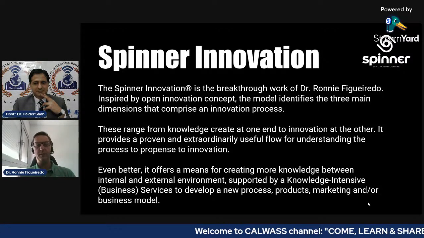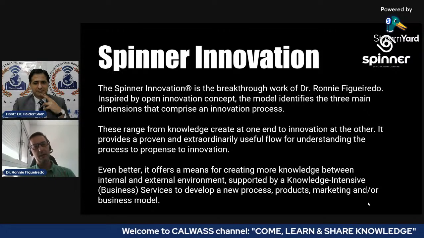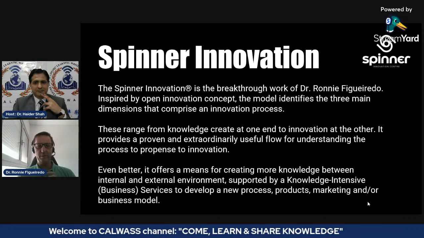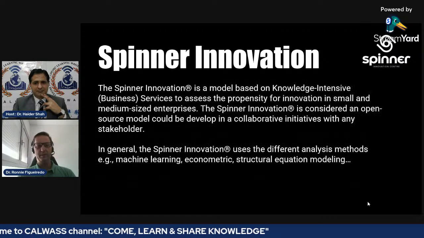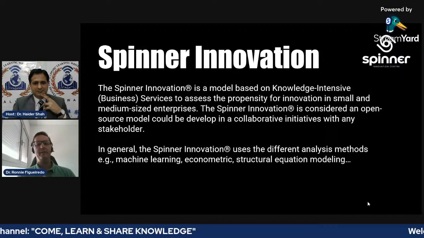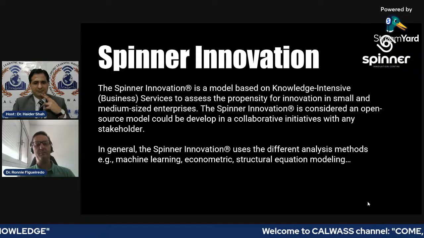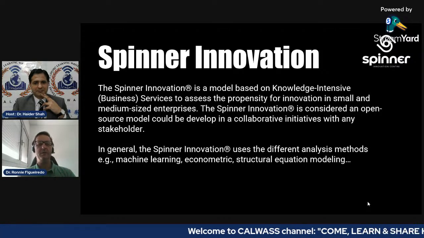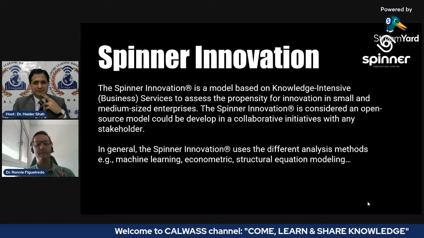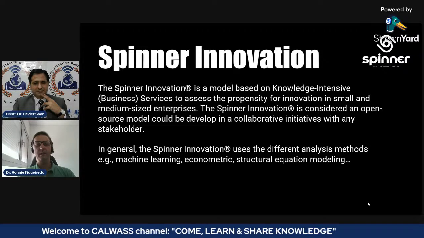During the presentation, I introduce what these dimensions and variables are for using the spin in your research. The spin innovation has a core, the essence of the spin: the basis of the spin innovation was knowledge intensive business services, KIBS.